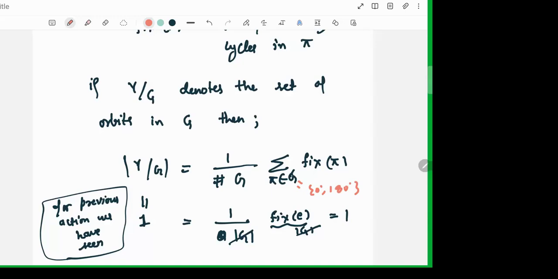The number of orbits is exactly the number of non-equivalent rook placements, because two things are identified if they are equivalent rook placements.